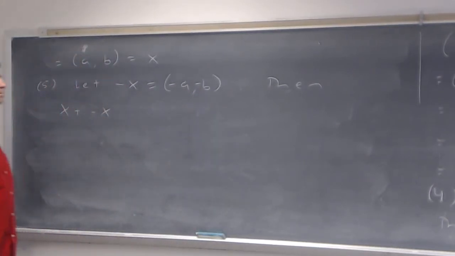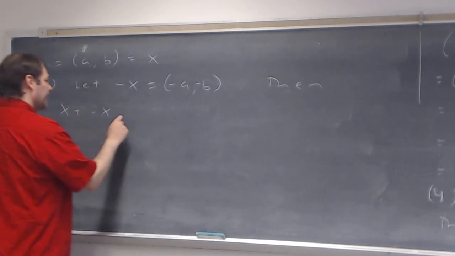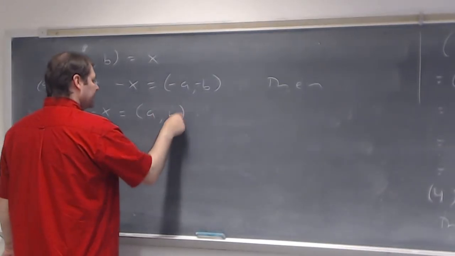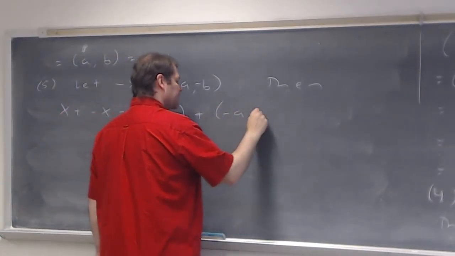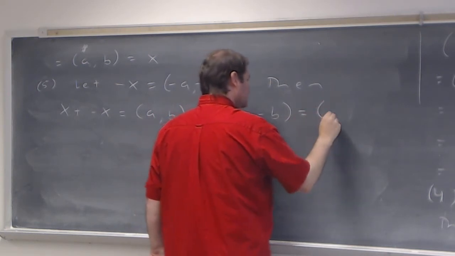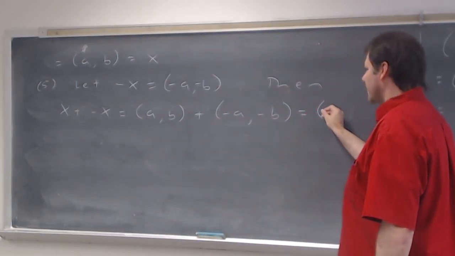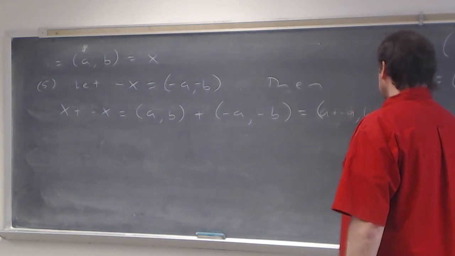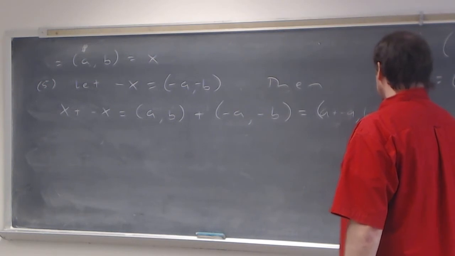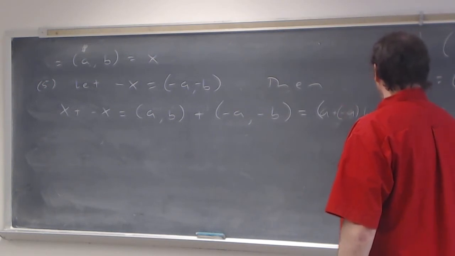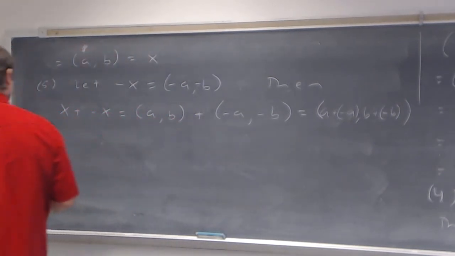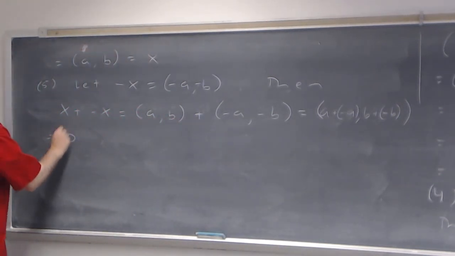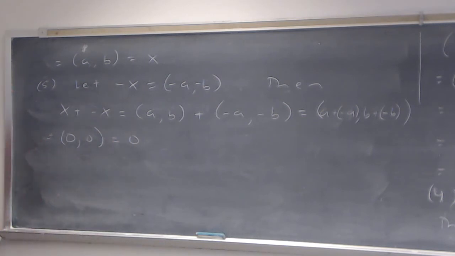So this is a coordinate tuple, if you will, of two real numbers. So here, when I add these two together, I get (a, b) plus (minus a, minus b), and then adding each coordinate, we get a plus minus a, comma, and then b plus minus b, and that's equal to (0, 0), which equals the 0 element of the complex numbers.